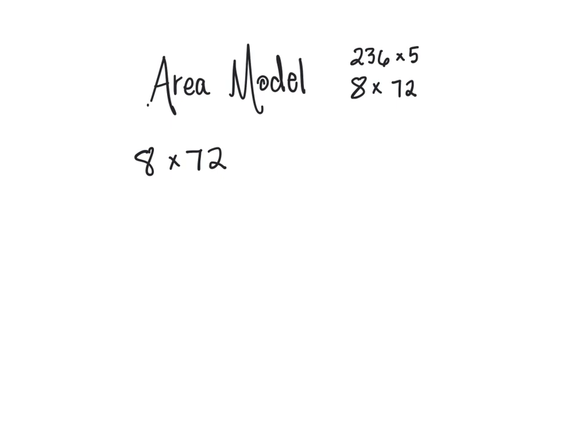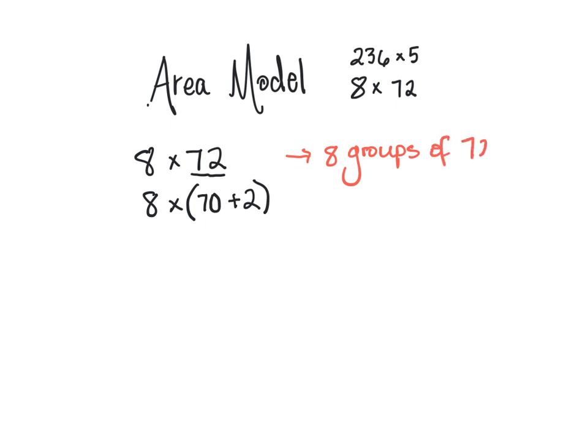We're going to keep our 8, but then we're going to expand 72 into friendlier numbers, and we're going to look by place value. So we have 70 plus 2, and that does equal 72. Something important to remember with multiplication is we're talking about groups of. So this problem is essentially saying we have 8 groups of 72.